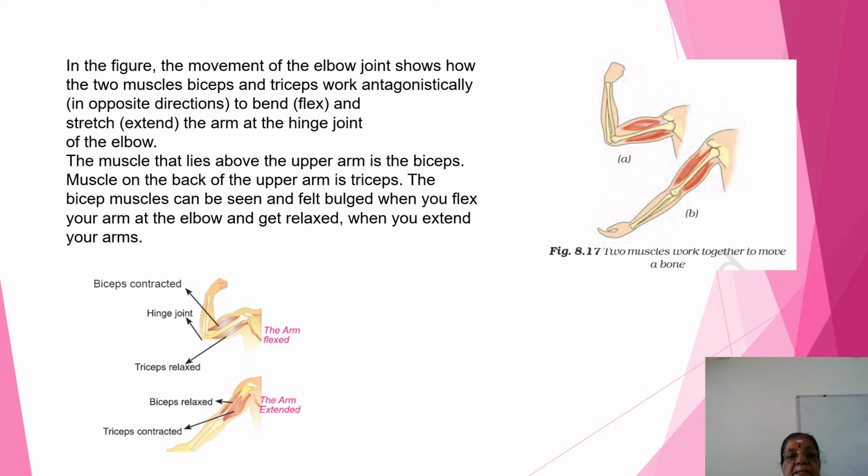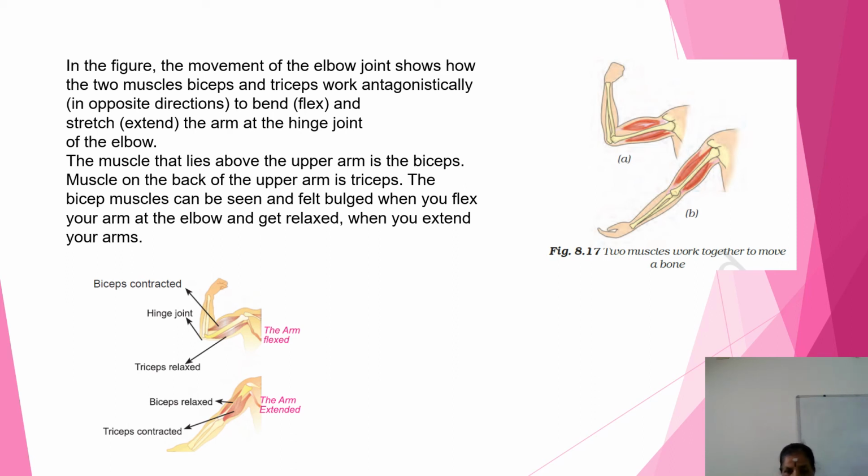The muscle that lies above the upper arm is biceps, and the muscle on the back of the upper arm is called triceps muscle. And the biceps can be seen and felt bulged when you flex your arm and elbow, and get relaxed when you extend your arm. சரியா? So now biceps நான் என்ன சொல்லிருக்கேன்? There are two bundles of muscles.